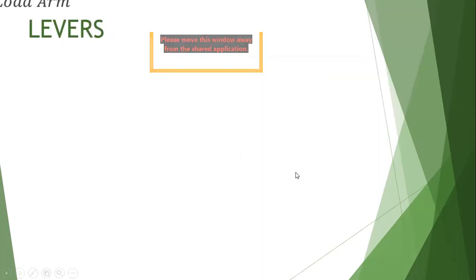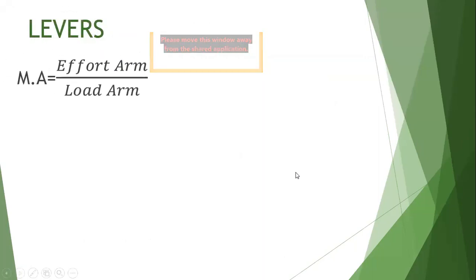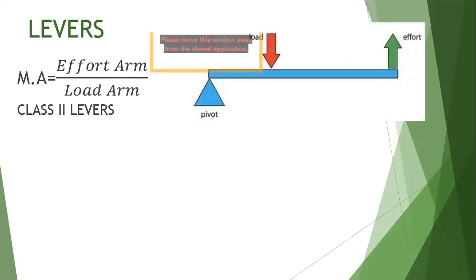Now let's talk about the second type of lever. And what is that? That is our class 2 lever. How will you identify the class 2 lever? You will find in class 2 lever, your fulcrum is at one end and the load is in between the fulcrum and the effort.